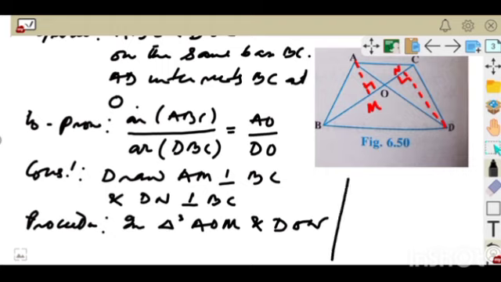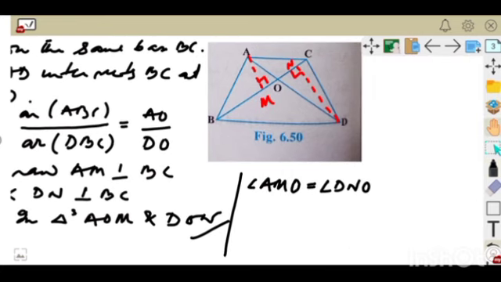Below this I can write angle AMO equal to angle DNO. Why? Because in the construction AM is perpendicular to BC and DN is perpendicular to BC.